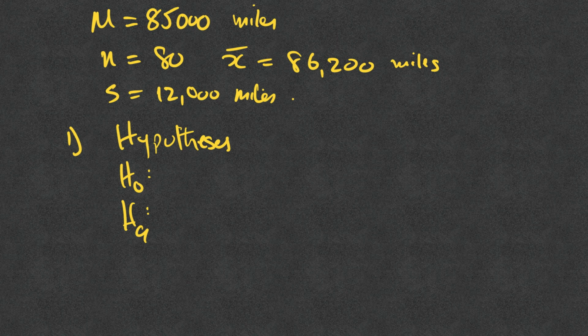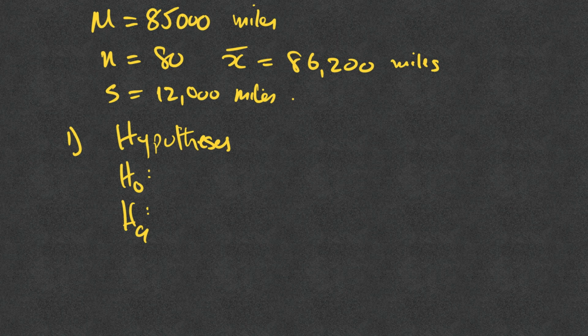We're going to try to prove that it is not 85,000. In other words, it's different, all right? Because you can never prove from a sample that the population parameter is an exact value. You cannot do that. The only way you could prove an exact value is if you have the entire population. So we are not going to try to prove that the mean is 85,000. We're going to try to find evidence it is not 85,000.